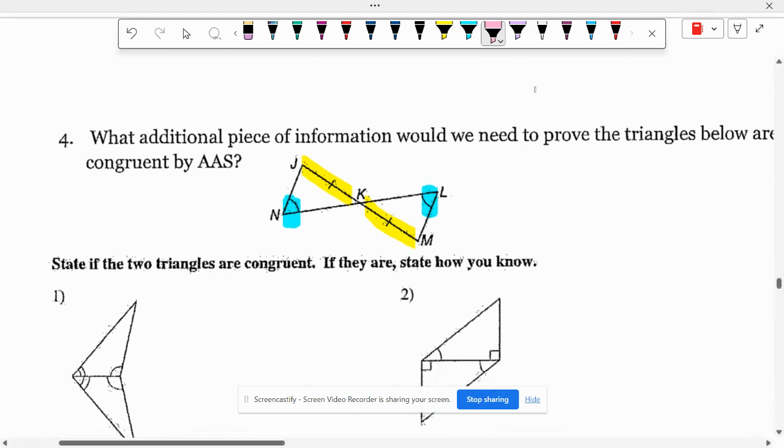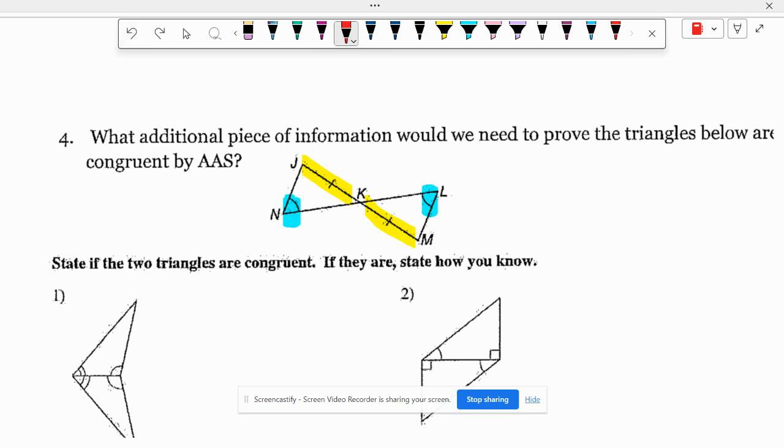Which ones? So you want to say that this angle right here is congruent to what? M? I could. What do you know about angle K? Nothing. Yeah, that's not true. Why? You know it.